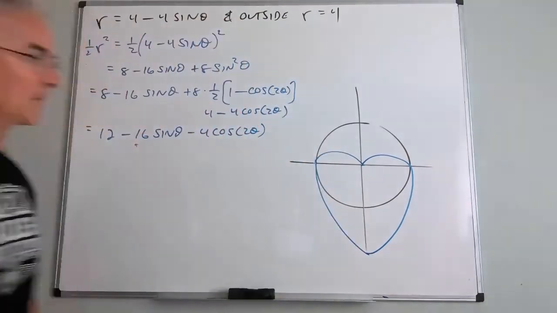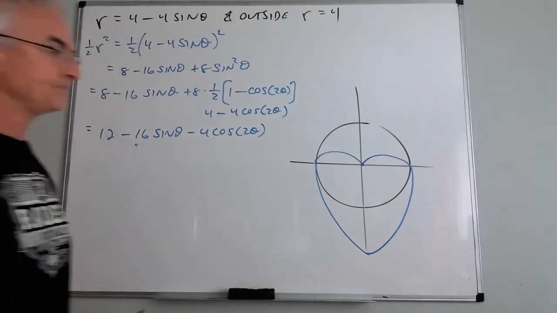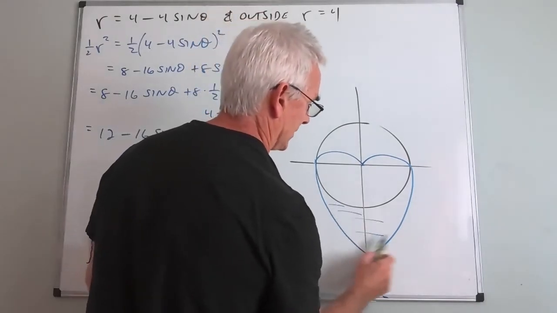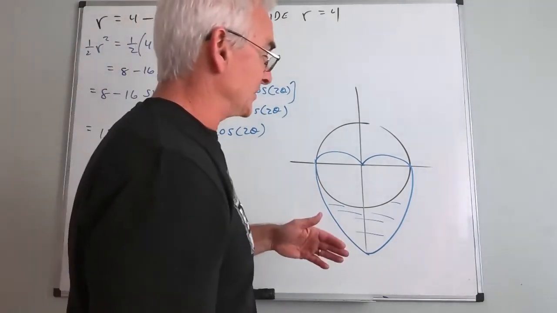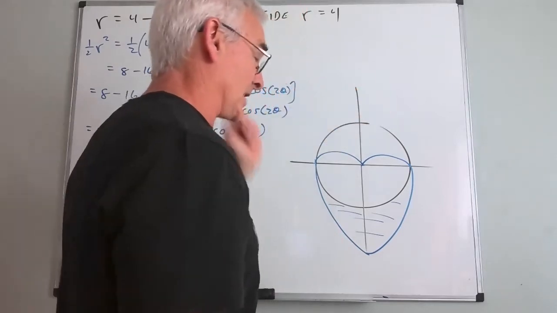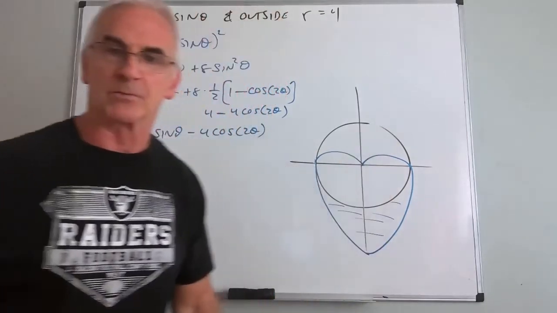And this is a fairly accurate graph. Okay, so I'm outside the circle, inside the cardioid. So I actually am asking for this area out here. Oh, by the way, I could have said inside the circle, outside the cardioid. That'd be up here. I could have said inside both the circle and the cardioid. That'd be that part right there.